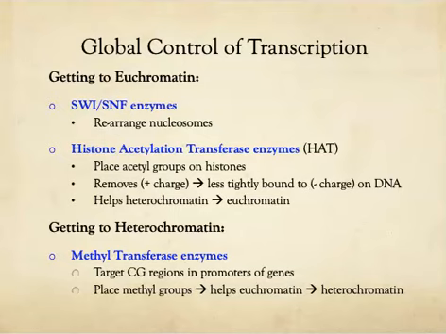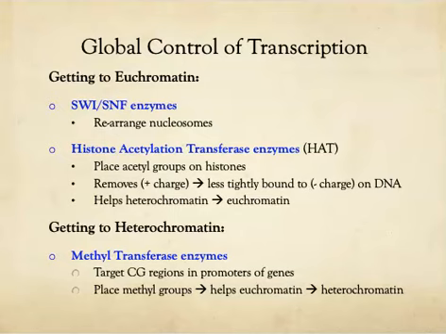The first family is referred to as SWI/SNF enzymes. These are a family of enzymes that are capable of rearranging the nucleosomes, essentially taking apart the carefully folded blocks of nucleosomes that are in heterochromatin and making them more euchromatin.